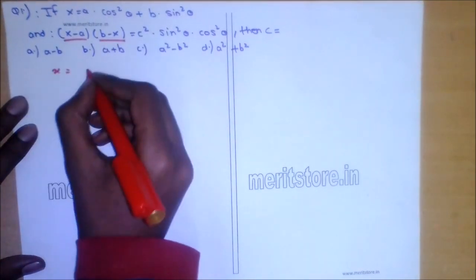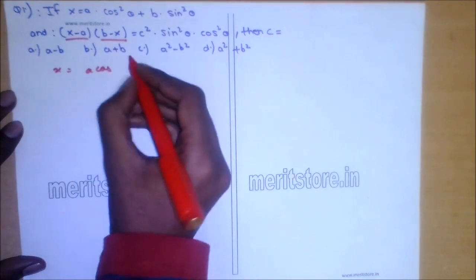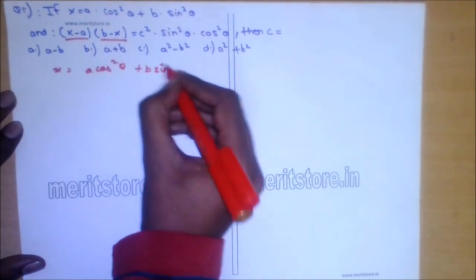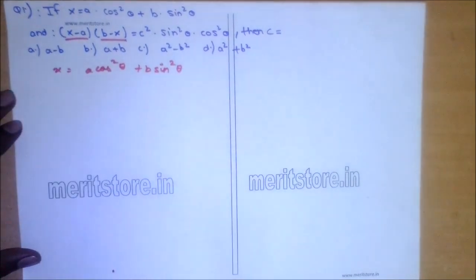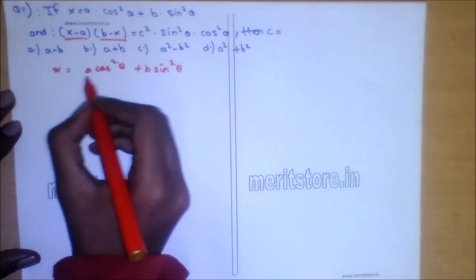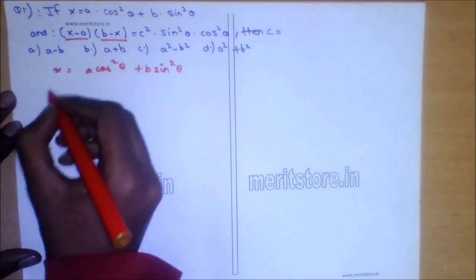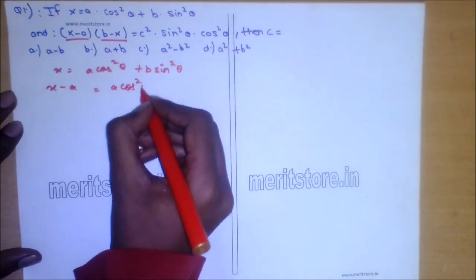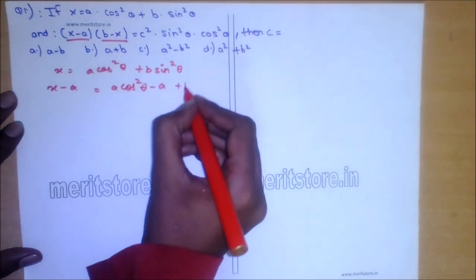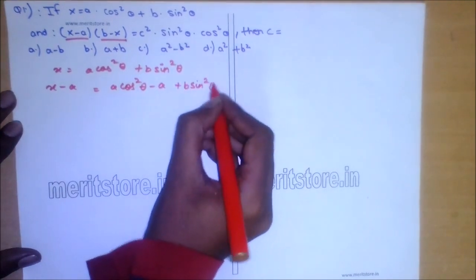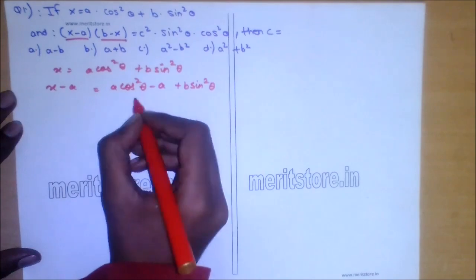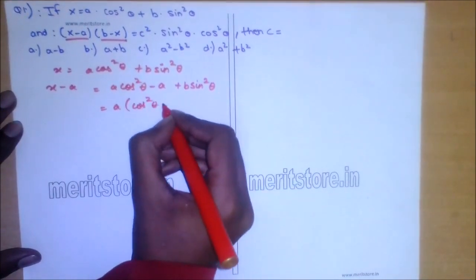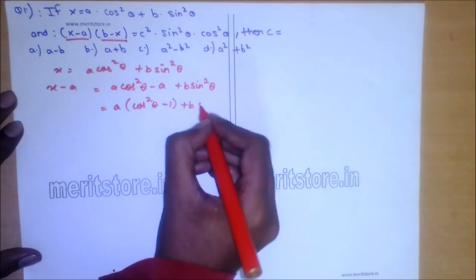So x equals a cos square theta plus b sin square theta. Subtracting a on both sides, we get x minus a equals a cos square theta minus a plus b sin square theta. We take a common, so we get a (cos square theta minus 1) plus b sin square theta.